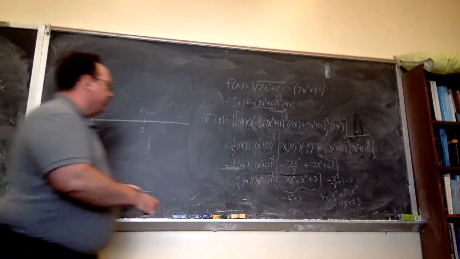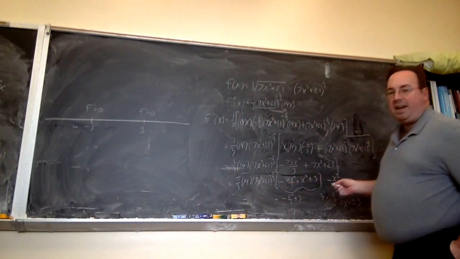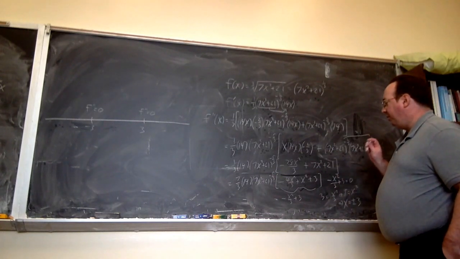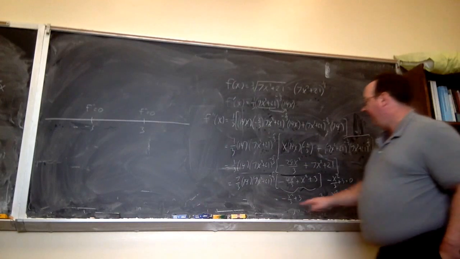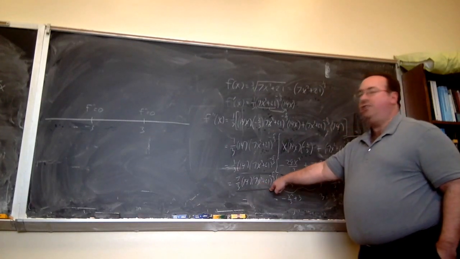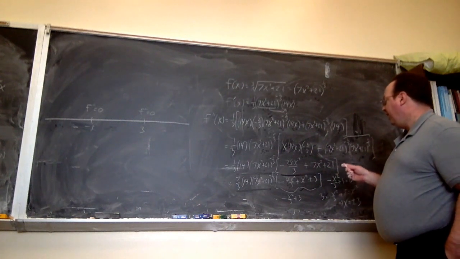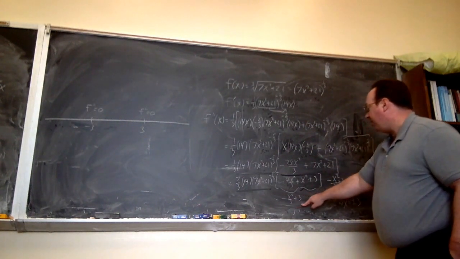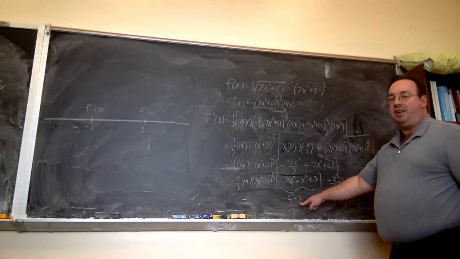Okay, so now I need to return to the simplest form of the second derivative that I have. But to determine if it's positive or negative, I don't have to evaluate this whole expression. This part, as I mentioned earlier, is always positive. So whether the second derivative as a whole is positive or negative is determined entirely by whether this part right here, that I've simplified as much as possible, is positive or negative.